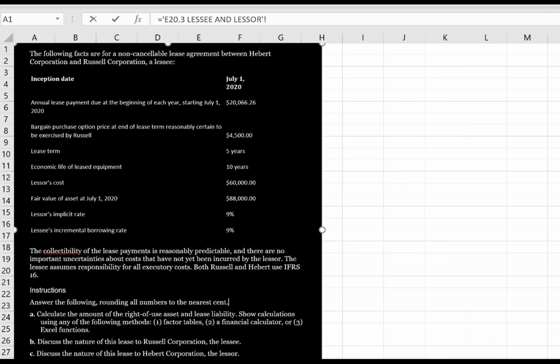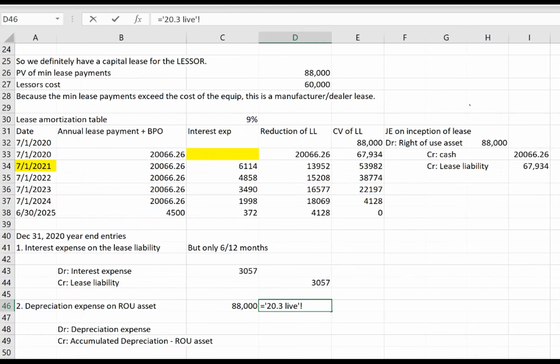So now, rather than using the 5-year lease term as the depreciation period, we're going to use the economic life of the asset. So we're actually going to depreciate this asset over 10 years, okay? That's a really important nuance.